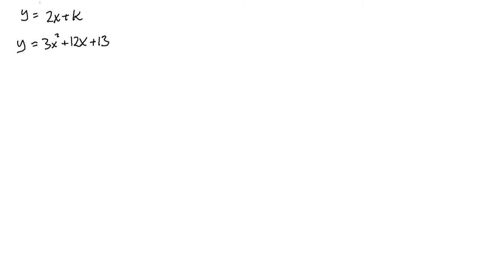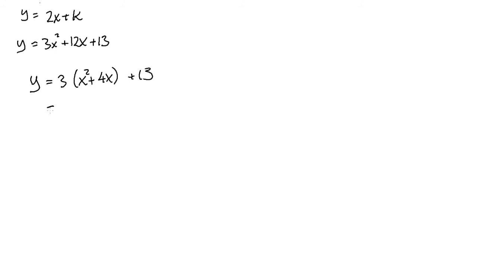Alright, so the second part requires you to use completing the square on this expression. So first of all, we should find a by factorizing 3 out of the equation. So y is equal to 3 times x squared plus 4x, and plus 13, and this is outside of the bracket so that you don't need to divide this by 3.